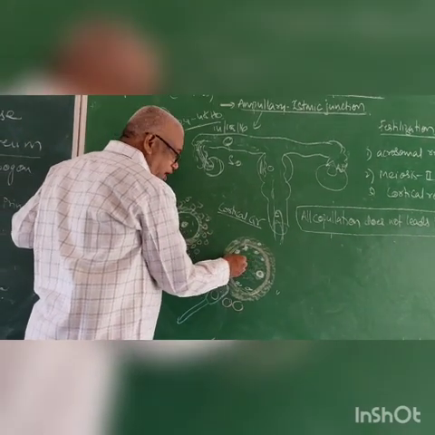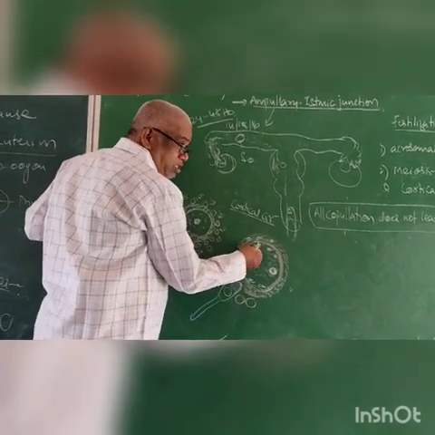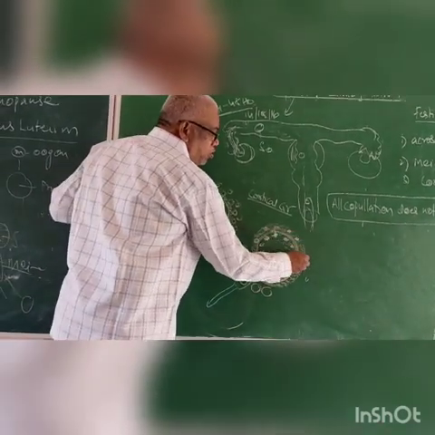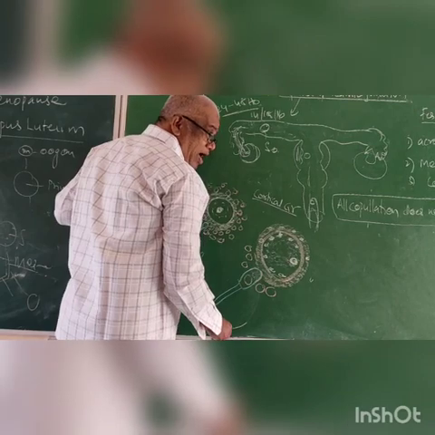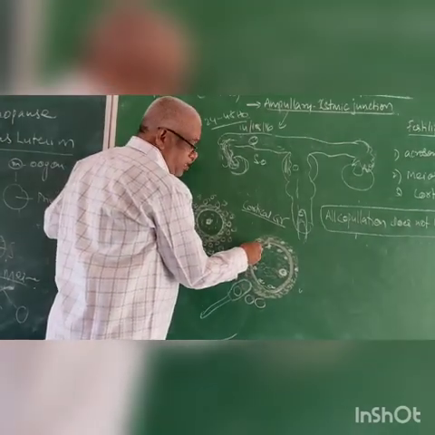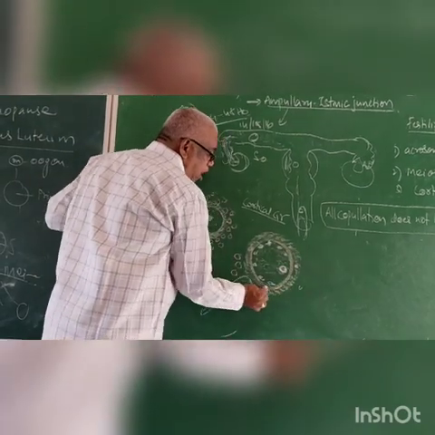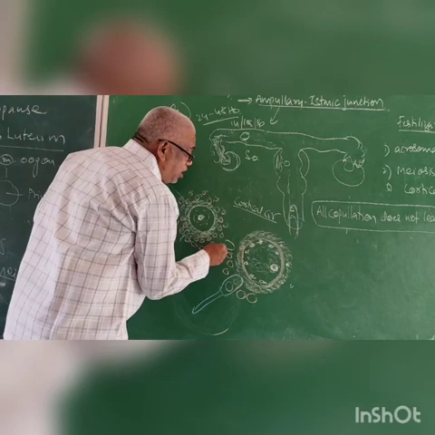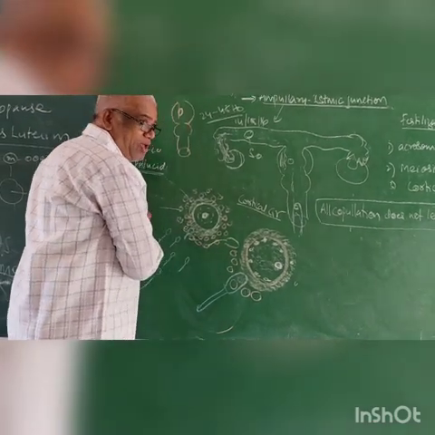In the cytoplasm of the egg. Now these cortical granules diffuse into the zona pellucida. When the cortical granules diffuse into the zona pellucida, the zona pellucida becomes hard, very tough. That prevents polyspermy.